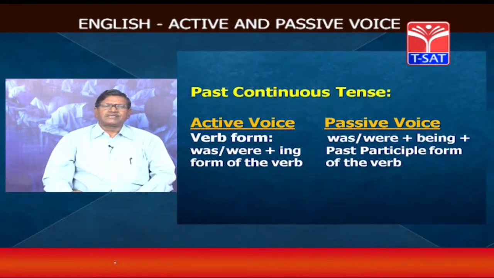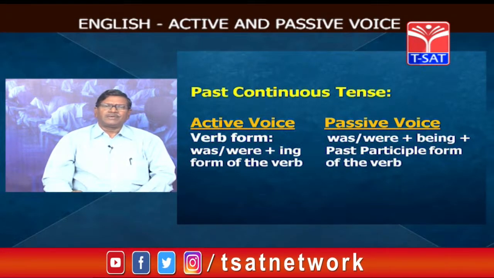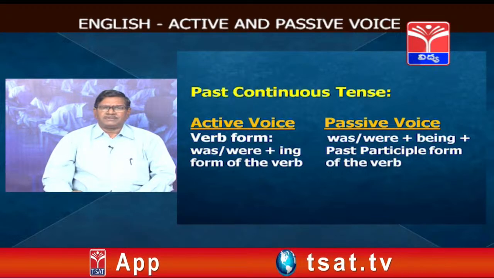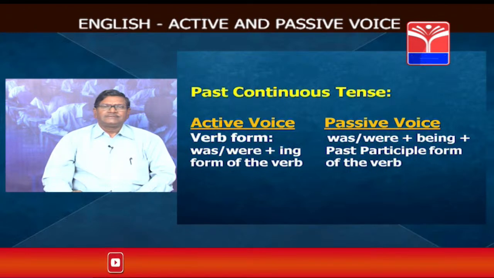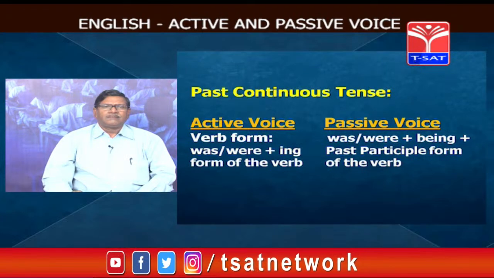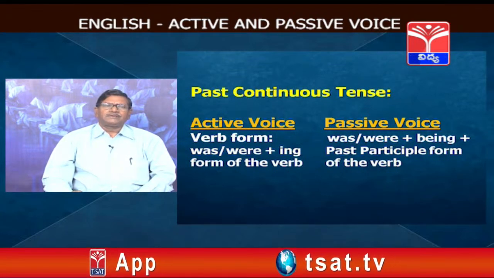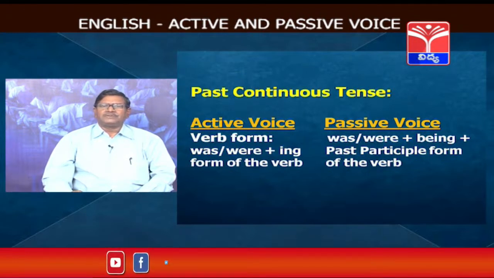If the sentence is in past continuous tense, how do we change the sentence from active to passive? Again, how is the verb form? Was, were, and the ing form of the verb. I was writing a letter. So in the passive voice, was, were, and in place of the main verb write, we must give that place to be. Then it becomes was being, and the main verb write becomes the past participle.